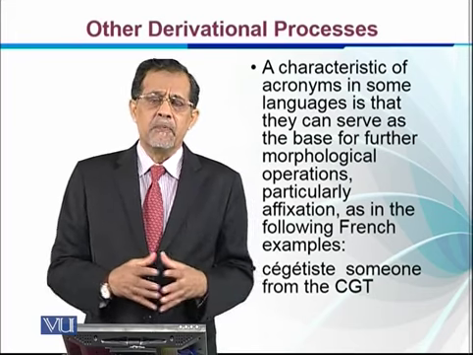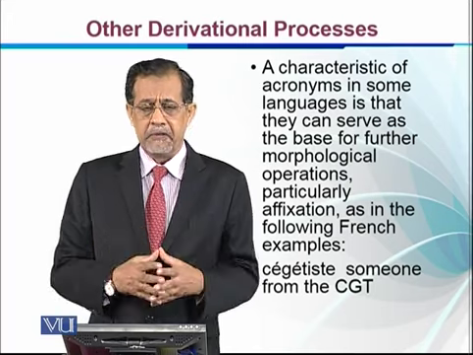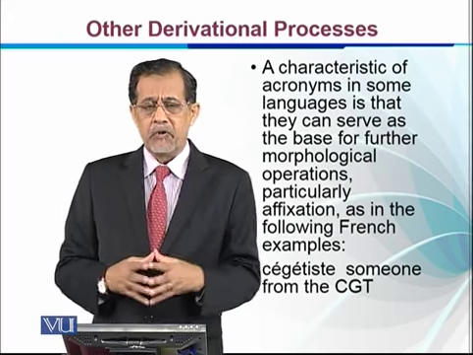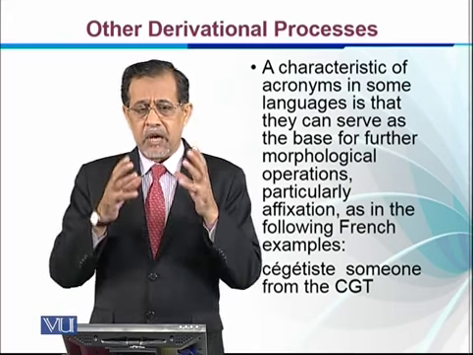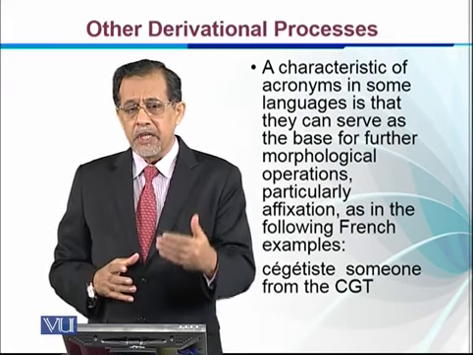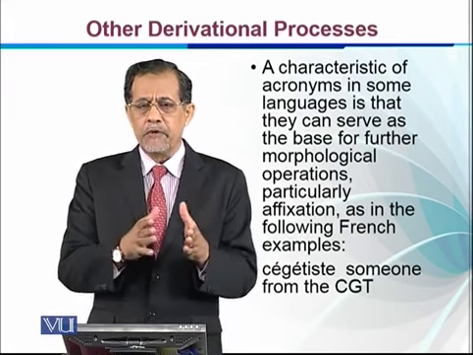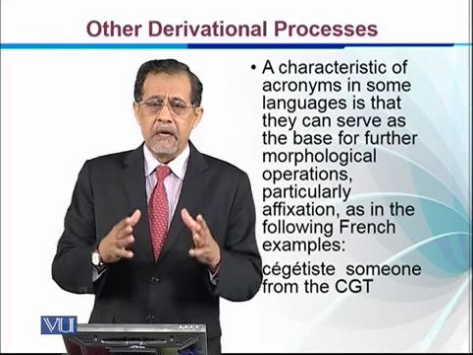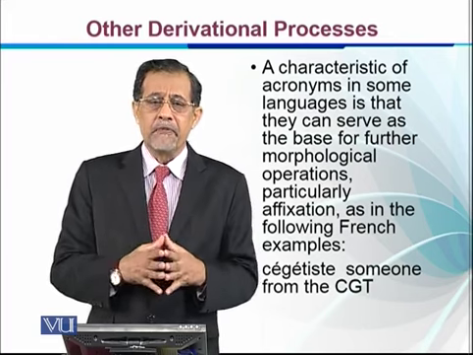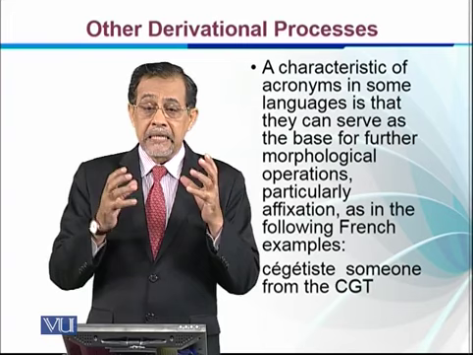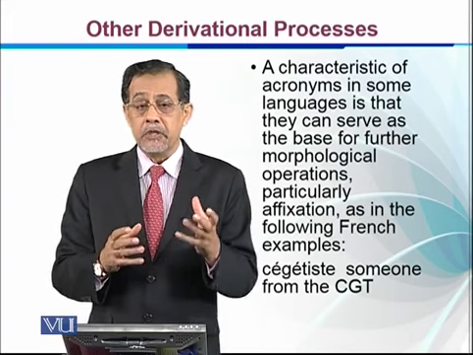So these are all processes of derivational morphology, and they tell us how we can create new words, because the creation of new words is very important for the continuity of language, and it shows the creative sense of the language users.